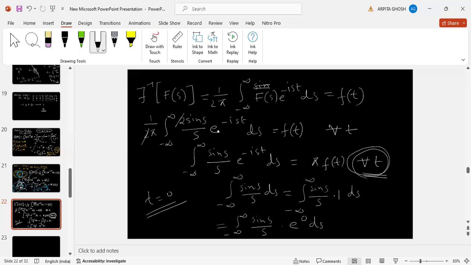The expression was e to the power minus ist, and the integration was with respect to s. So I cannot change s. I know i squared is minus 1, so I cannot change i either. The only thing in our hand is t. So we can put t equal to 0 and get this result.